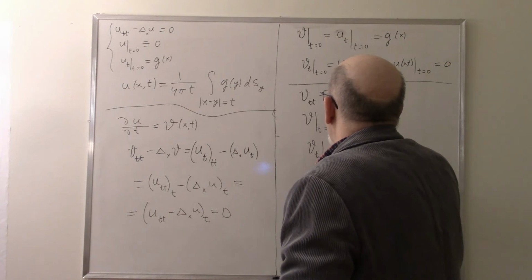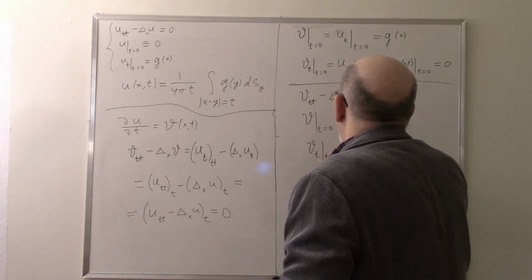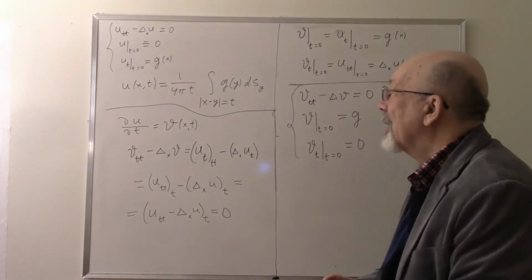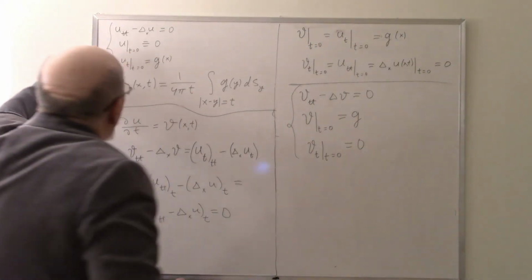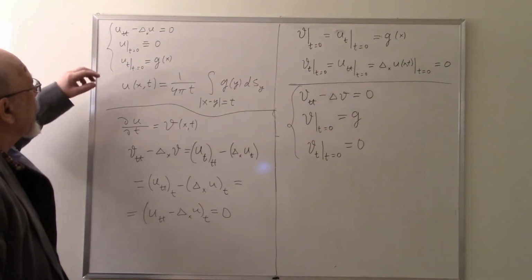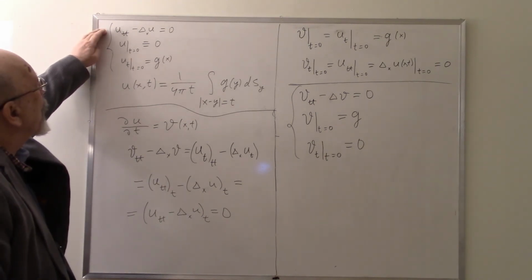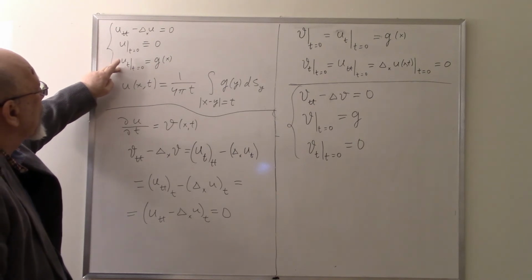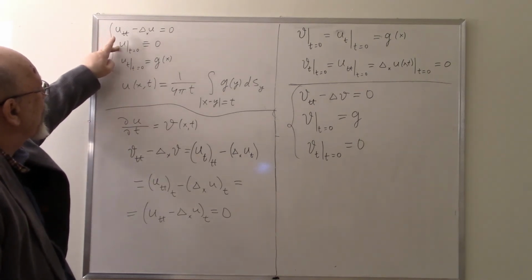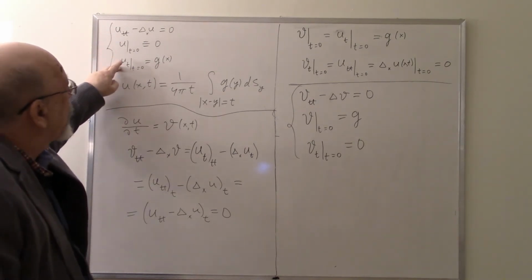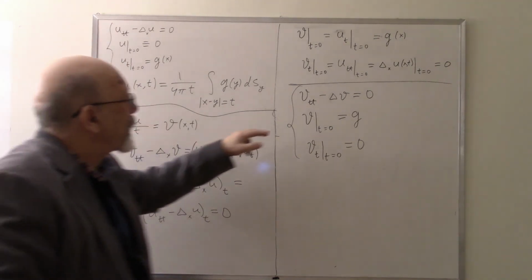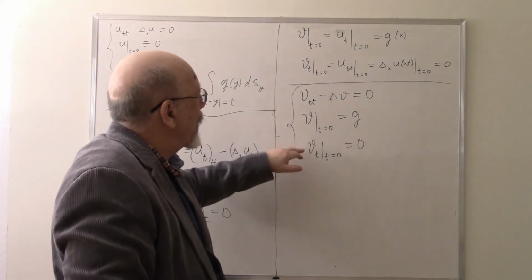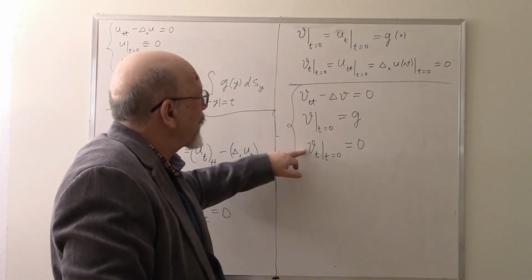V_t for t equals 0 equals 0. Yes? So just look, we have an interesting shift here. The function u satisfies these initial conditions. U is 0, u_t is g. The function du/dt satisfies this condition. It is g for t equals 0 and its time derivative is 0.